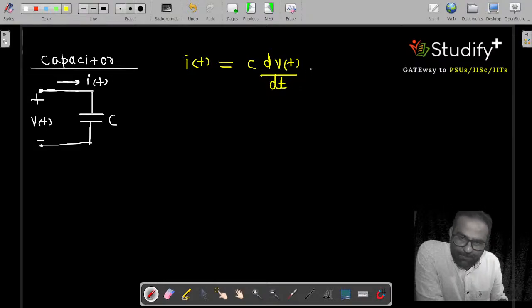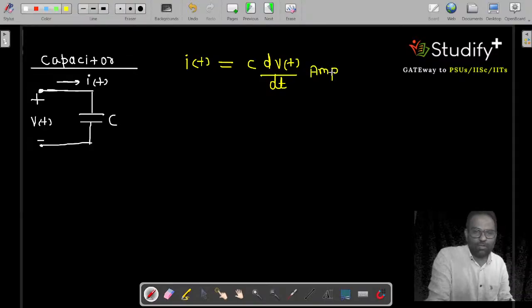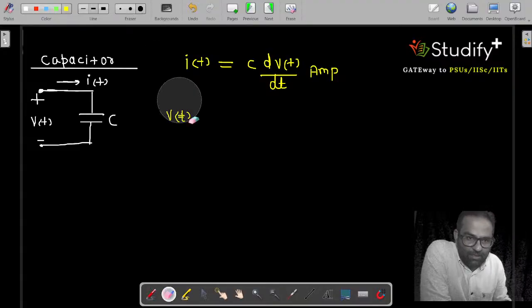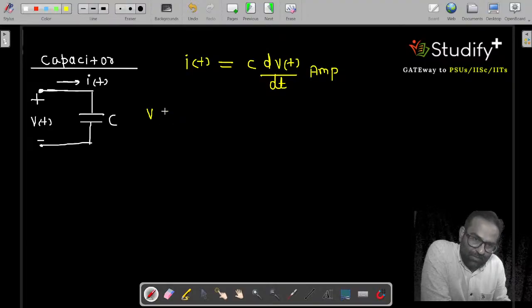This much of ampere or milliampere, whatever the unit you are having. Or I can say the voltage across the capacitor VT is given by what?